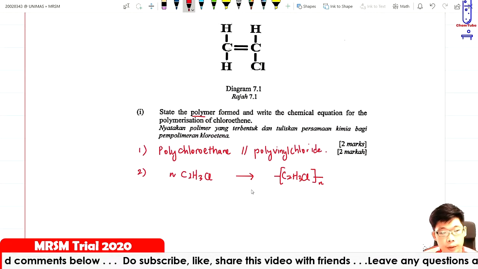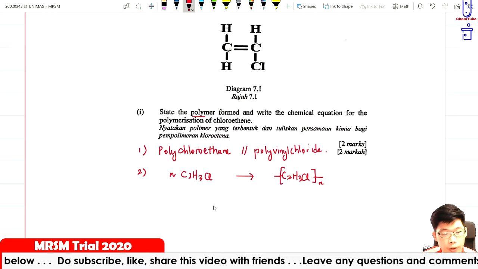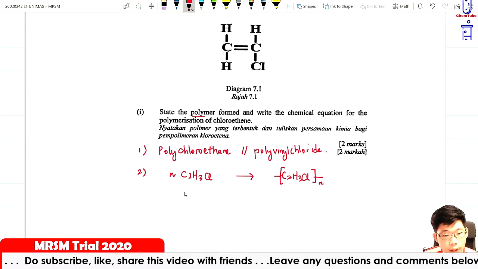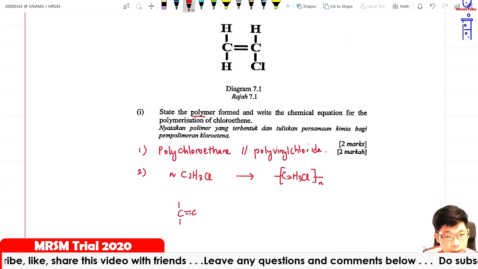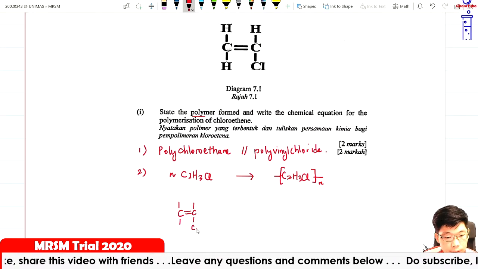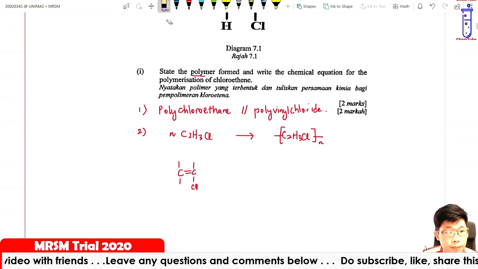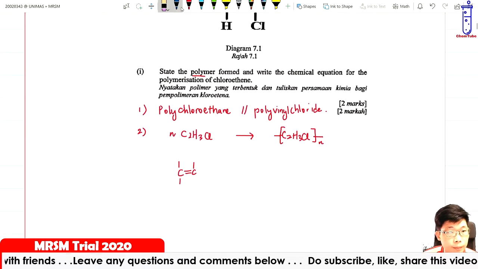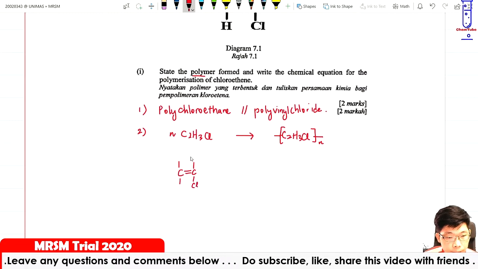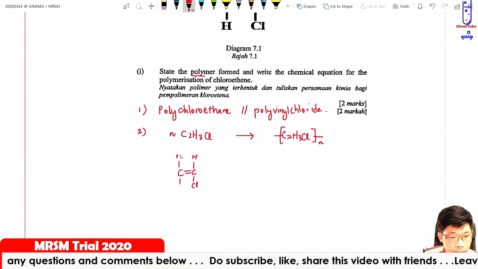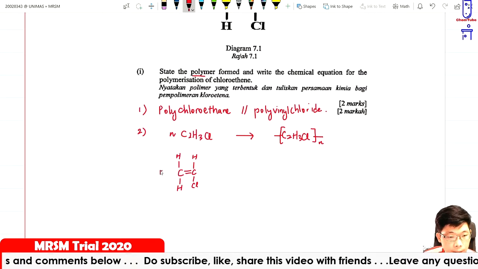Now I show you, you can write like this, or you can draw it out. So the initial one will be C, okay, like this. We follow the one, so chlorine is here. So this is the monomer, times n.